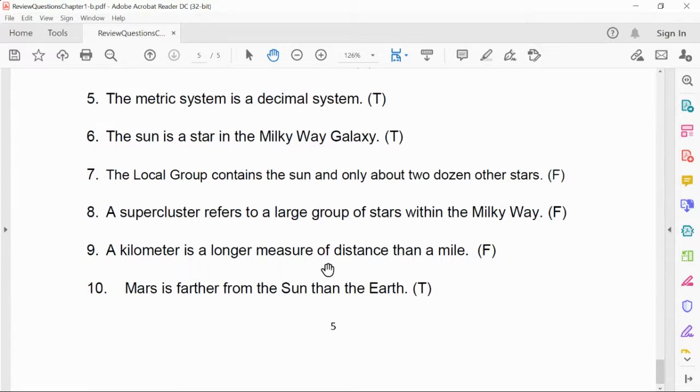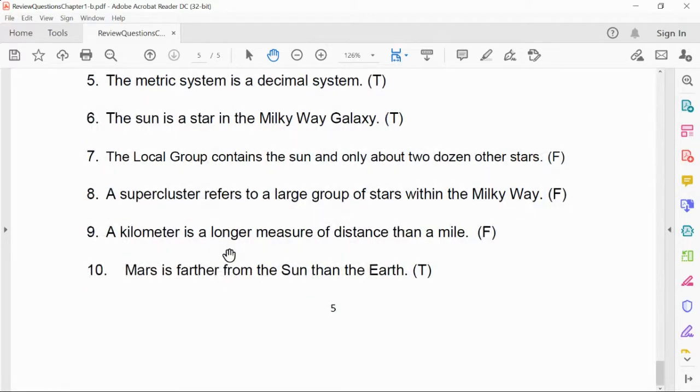A kilometer is a larger measure of distance than a mile. The mile is greater than a kilometer. Mars is further from the sun than the Earth, and that's true. So the idea of the review questions here is that when you study, you have to understand why this is the right answer. It's like testing you, okay, and how to deal with this.